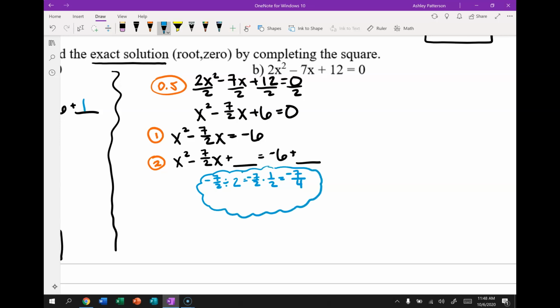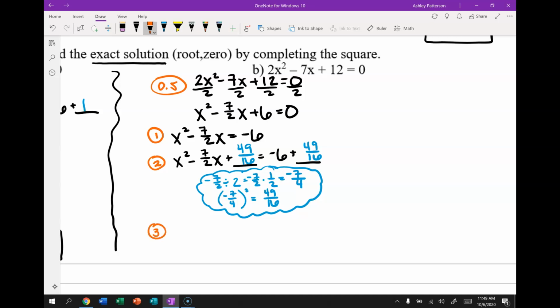Why? Because we're dividing by 2, which means we multiply by the reciprocal. Okay, and then I need to square it. So -7/4 squared gives us 49/16. Ooh, that's pretty. So half the middle term squared is 49/16. All right, nicely done. Hopefully we survived that one.